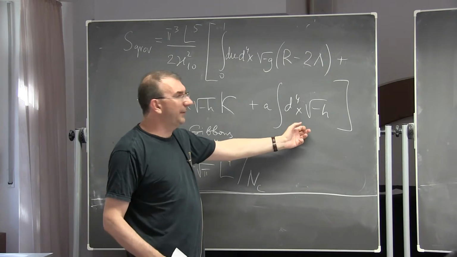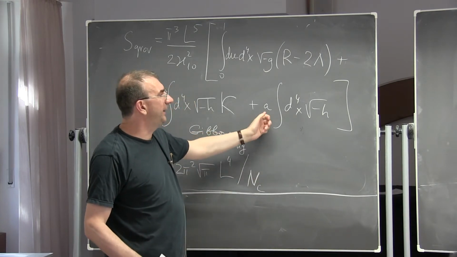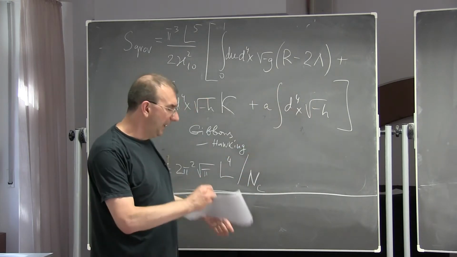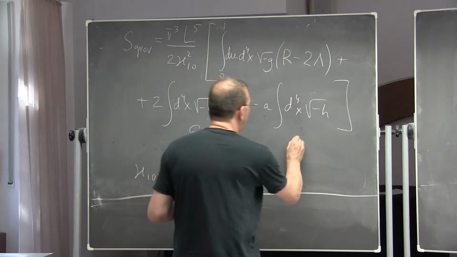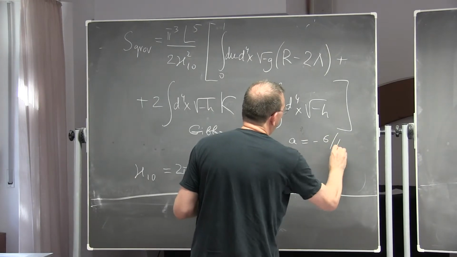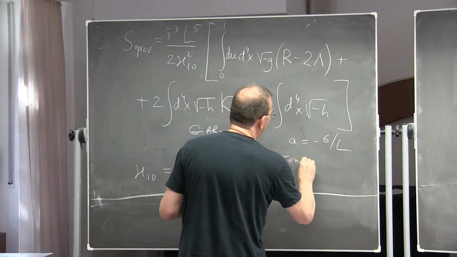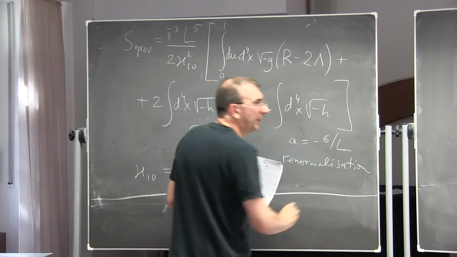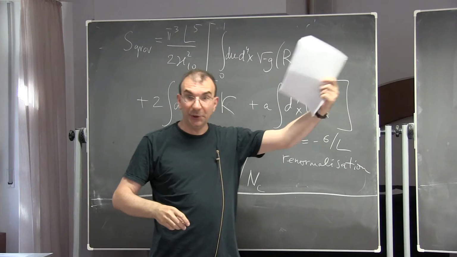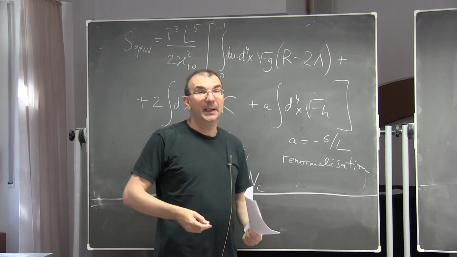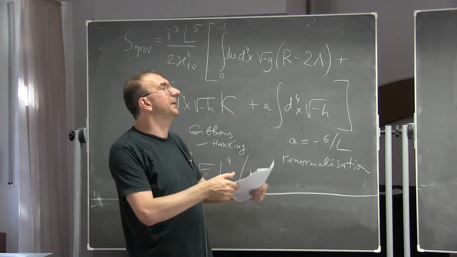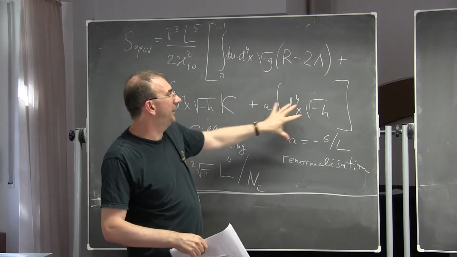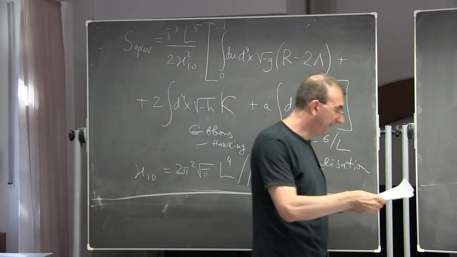And then there is another term with yet unspecified coefficient A in front of it. This is just a boundary volume, if you want. This term will be necessary with A equal to minus 6 divided by L for renormalization, because of course our correlation functions in principle will be divergent, like in quantum field theory in general, and there is a gravitational analog of the renormalization procedure in quantum field theory, and we will need to add terms of this type in order to do this.